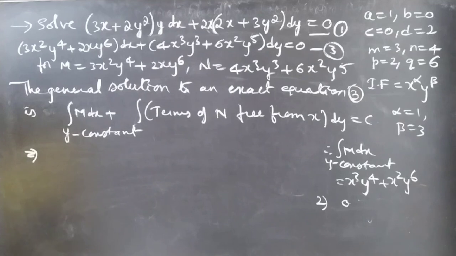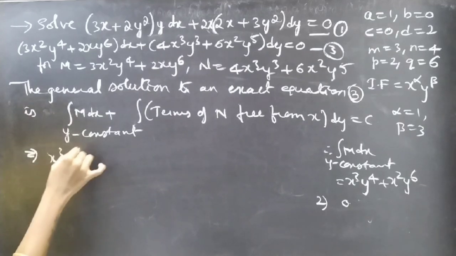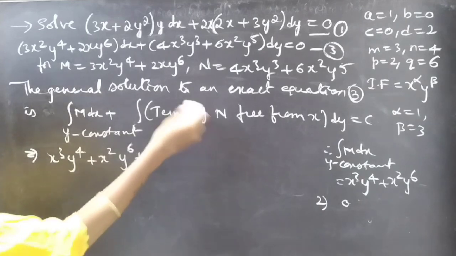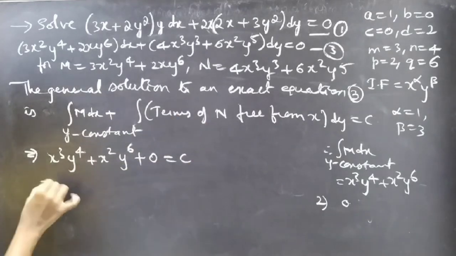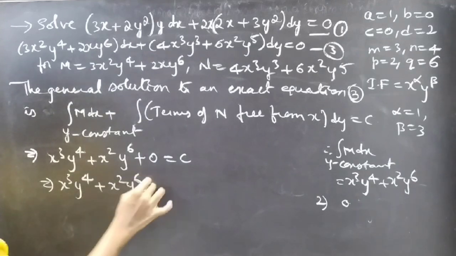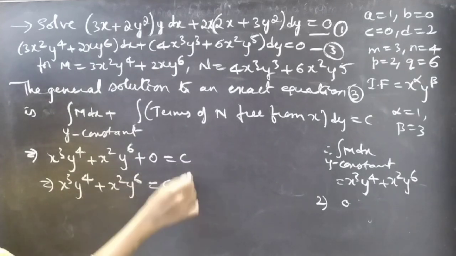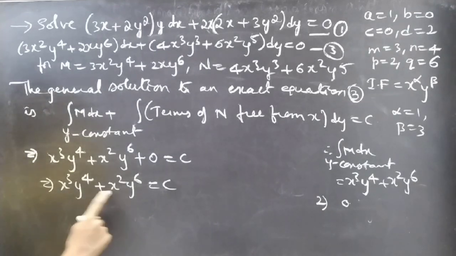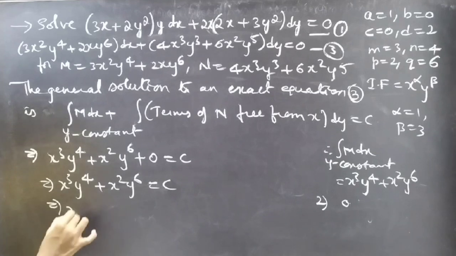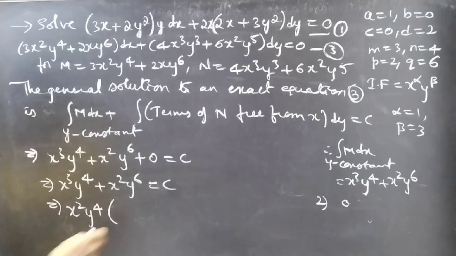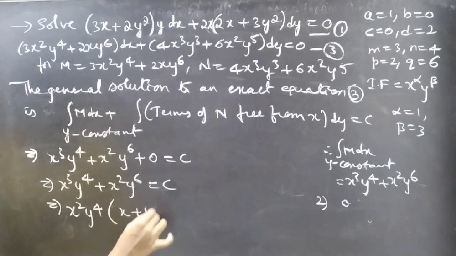The result obtained from the first integral is x cube y power 4 plus x square y power 6, plus the result from the second integral, 0, equal to c, which gives us x cube y power 4 plus x square y power 6 equal to c. Now if you notice, we can take x square common from these two terms and also y power 4 common. So let's take x square y power 4 common, then you'll get x square y power 4 into x plus y square equal to c.